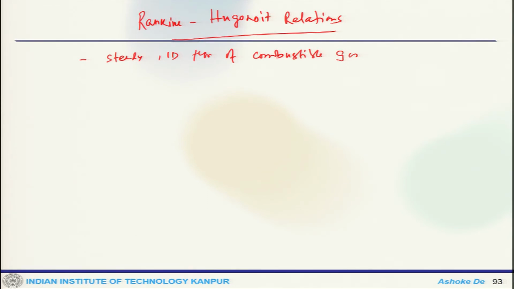So, we look at the equations relating the initial and final conditions, and we can derive them from the conservation equations. Now, let us consider a premixed flammable mixture.